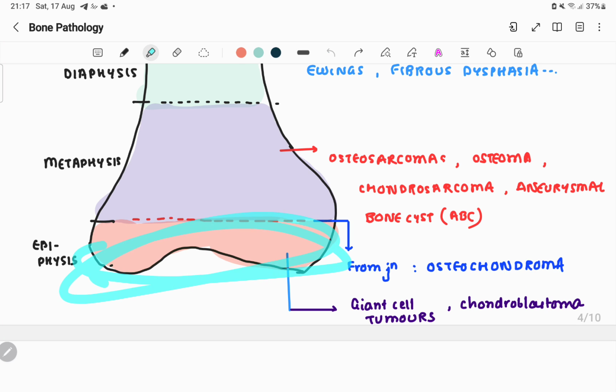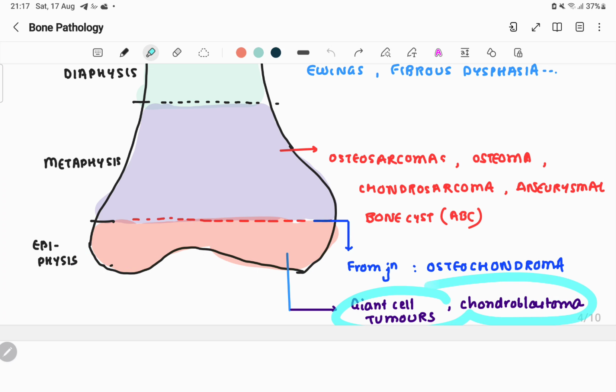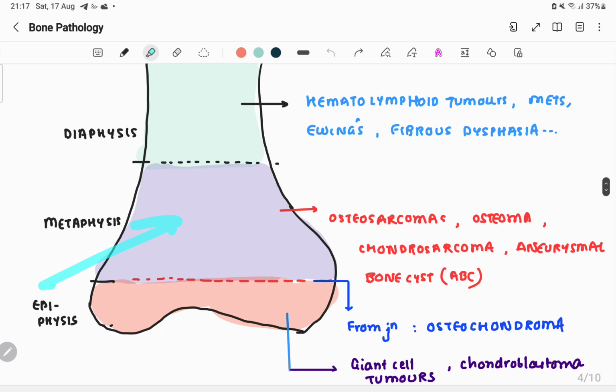And only two tumors arise from the epiphysis: giant cell tumor and chondroblastoma. Done. So you can observe that majorly the malignant tumors like osteosarcoma and chondrosarcoma appear from the metaphysis itself.